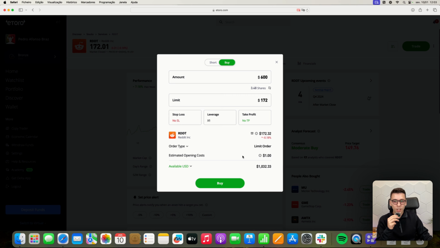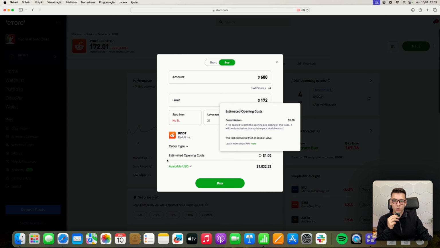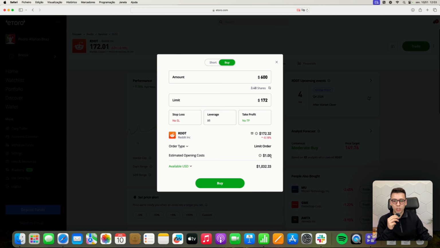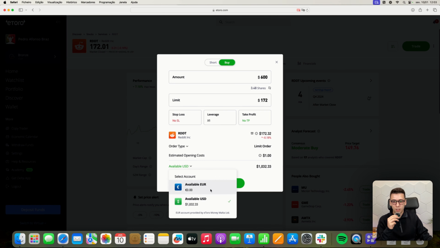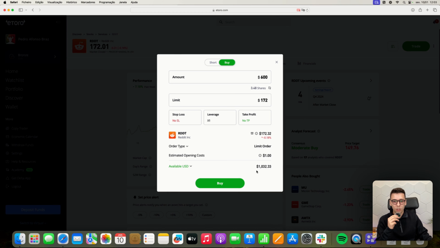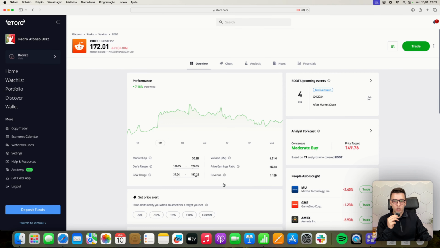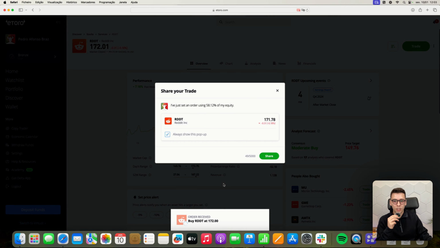And now you can see here also the fees that will be charged. So it's a $1 fee. It's pretty okay. And you can choose the balance that you want to use to make this trade. So I also opened the Euro account, but in this case I will be using my USD dollars to make this trade. Click the buy button, and that's it, it's done.